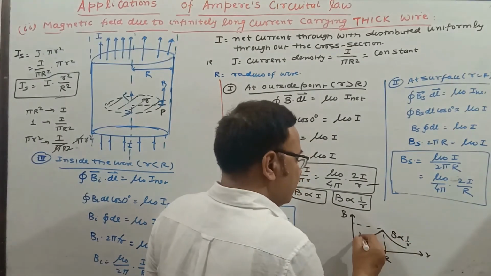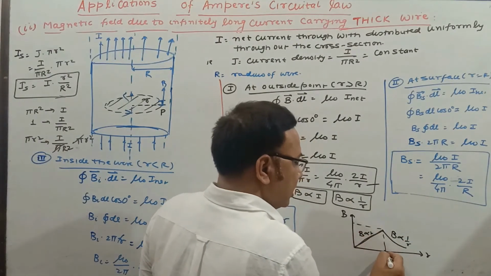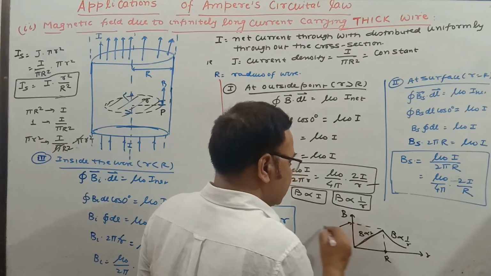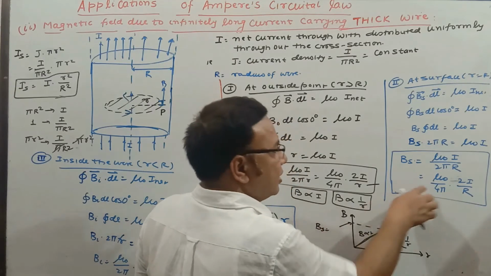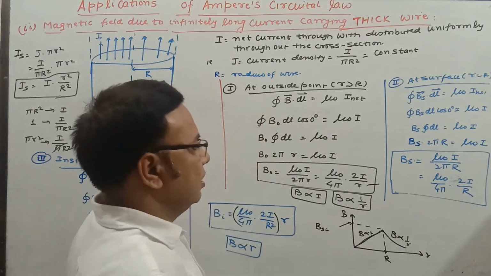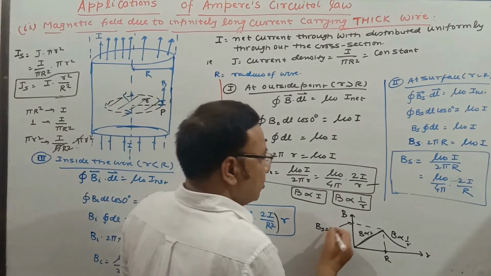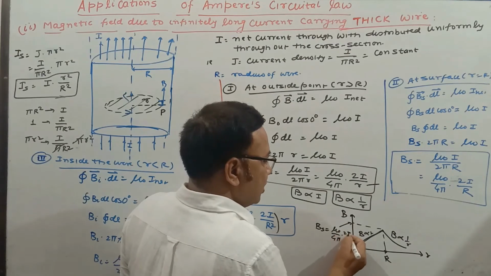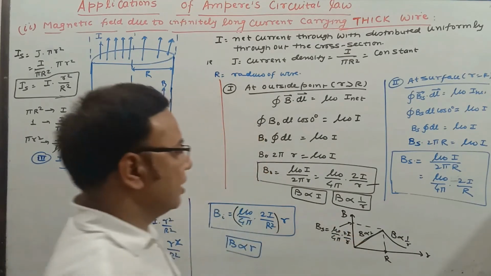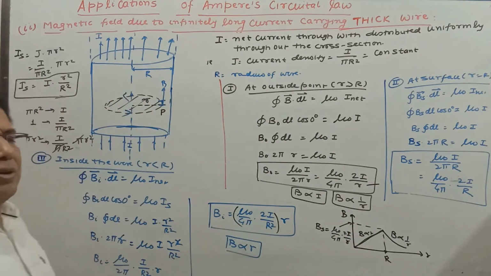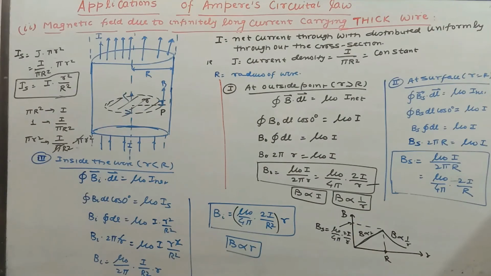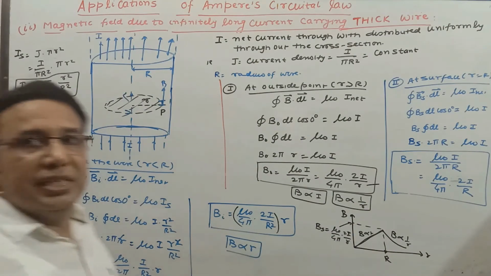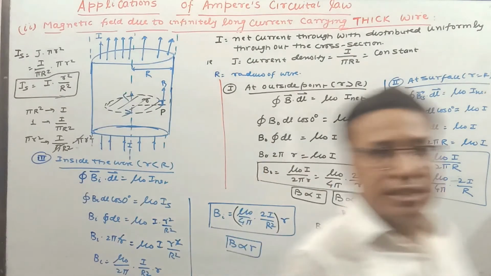At the surface, B is at its maximum. Bs equals mu naught by 4 pi into 2I by R. This is what the graph is. This has come a number of times in board exams. So please practice these two. Thick and thin wire are important, so please derive these two and practice enough.